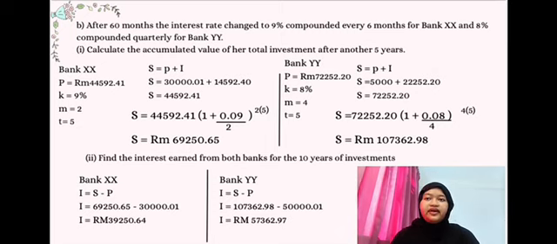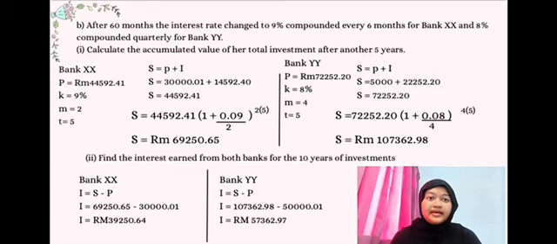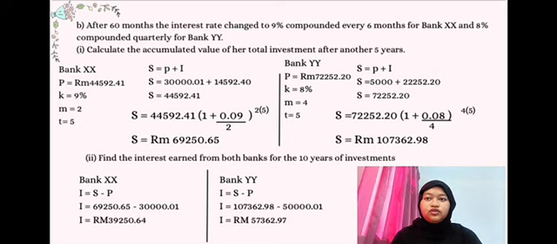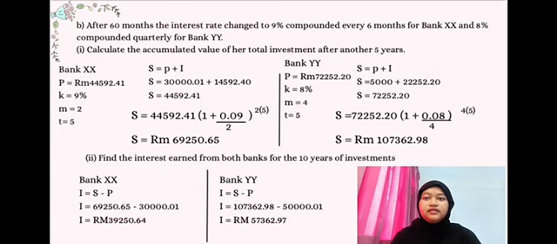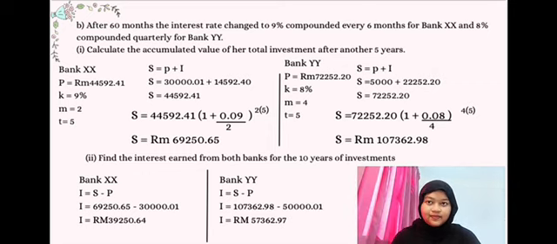For part 2, find the interest earned from both banks for the 10 years of investment. For Bank XX, S equals 69,250 ringgit and 65 cents minus 30,000 ringgit and 1 cent.